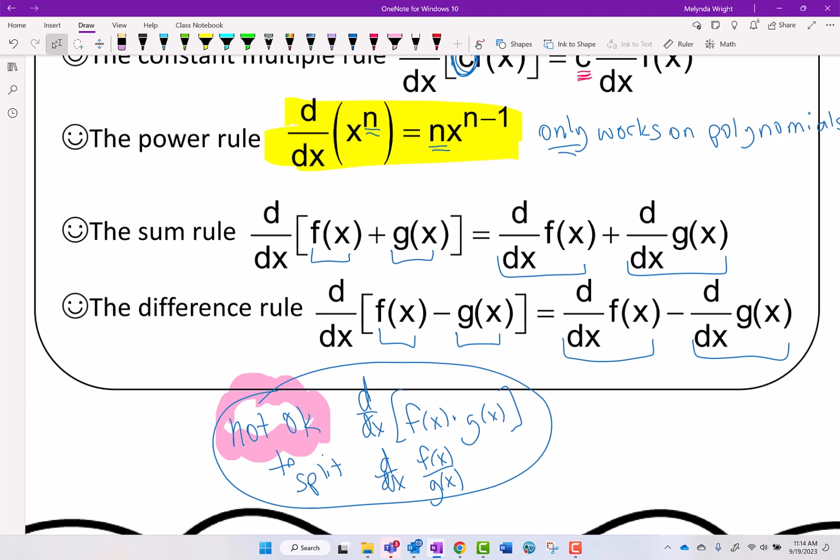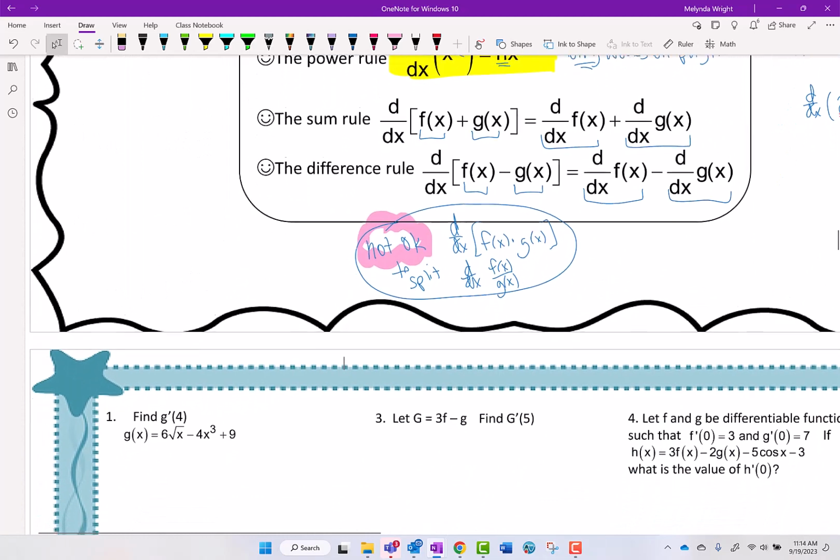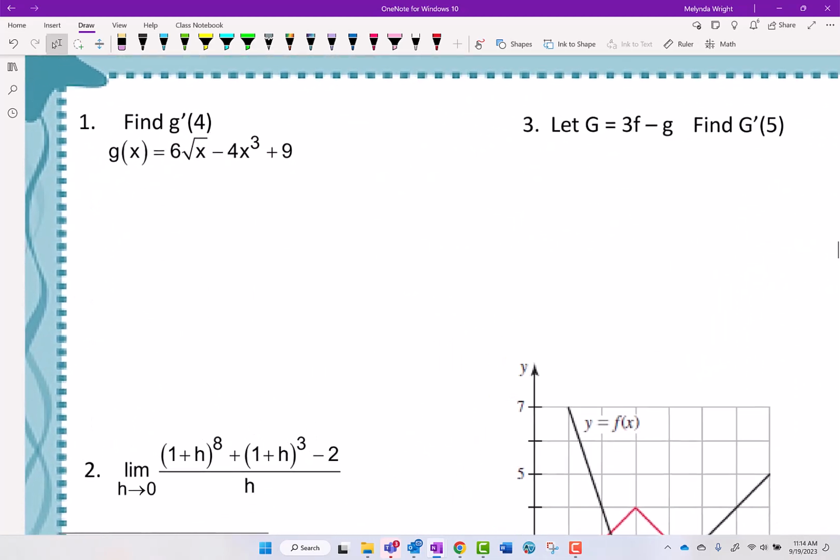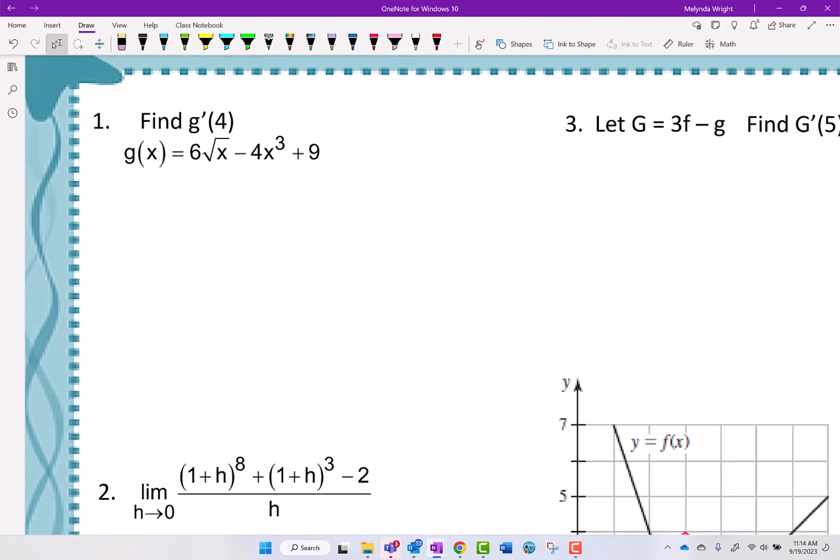All right, let's work some examples. Before, if we were going to find the derivative, we would use our definition of the derivative. Now we're going to practice the power rule.